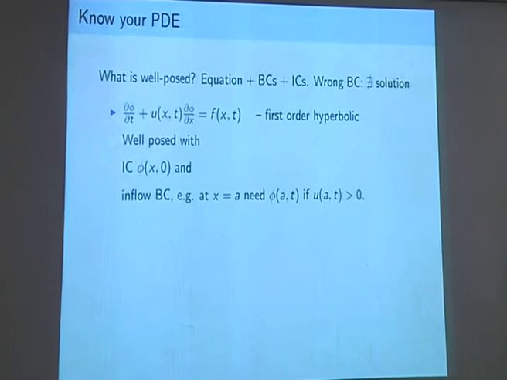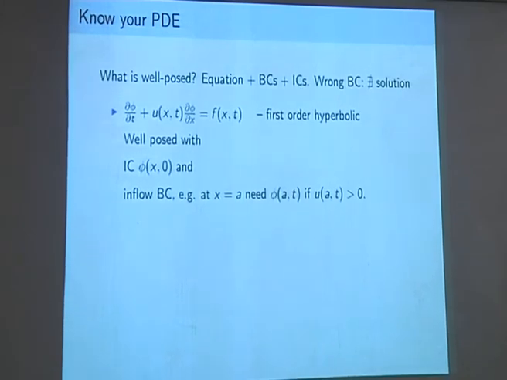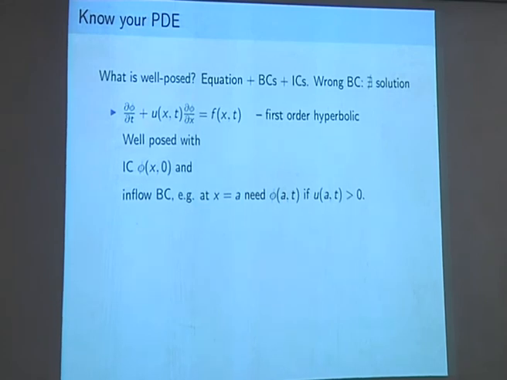So for this first part of the equation, the left-hand side where we had velocity being propagated with u, that sort of equation is a hyperbolic equation, a first-order hyperbolic equation.